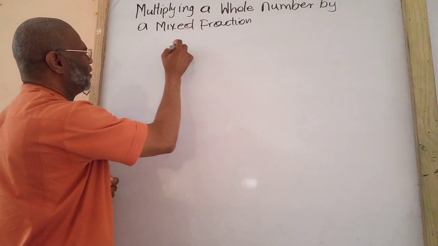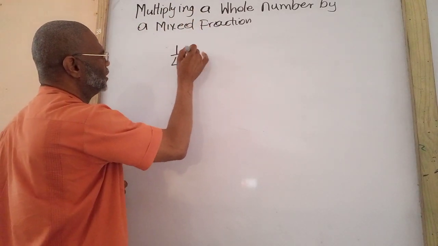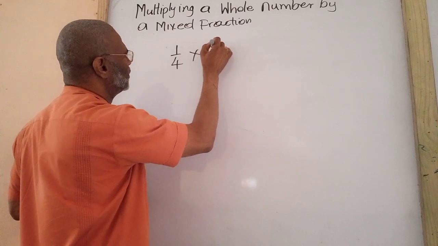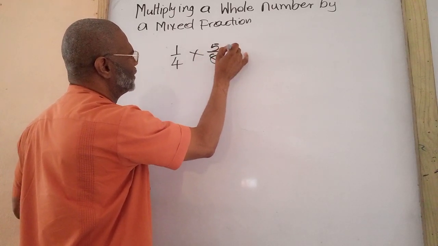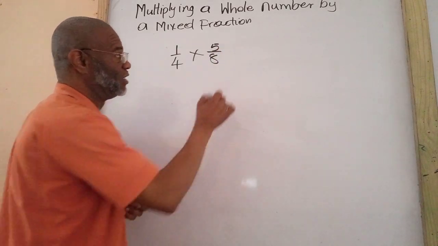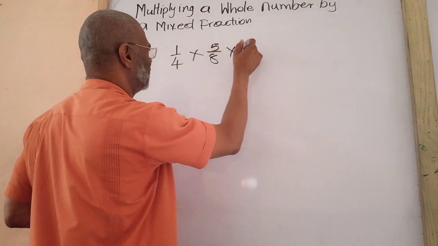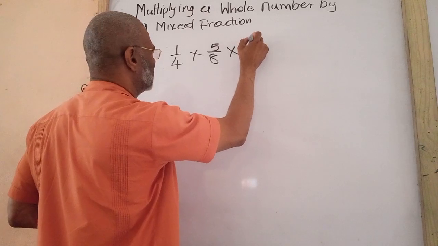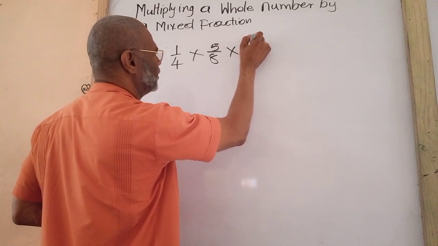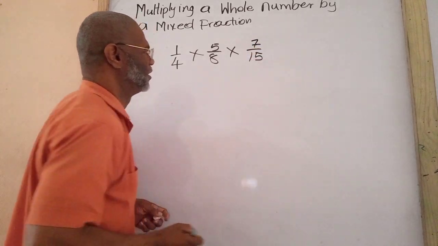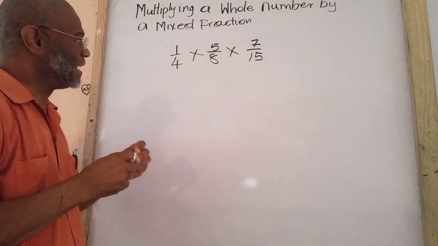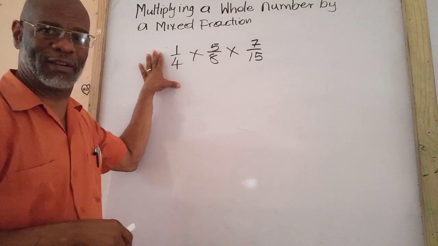So we have 1/4 times 5/8, and I'm going to extend this by adding a third fraction, 7/15. Good. So let's use the cancellation method.